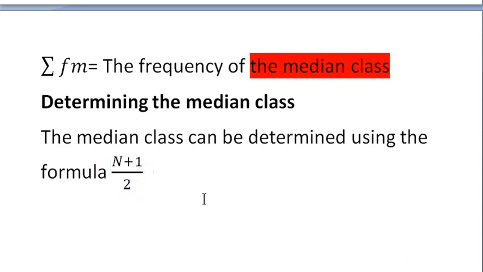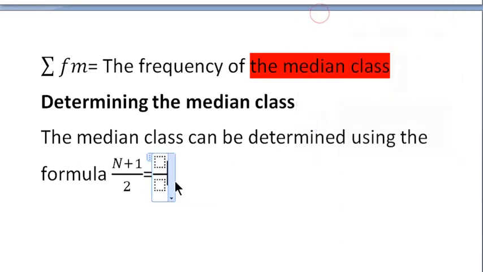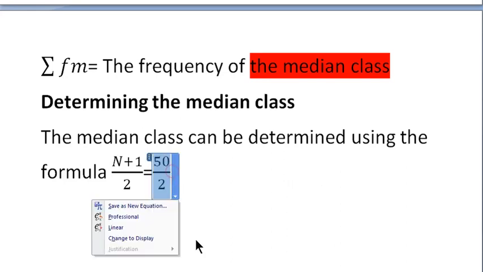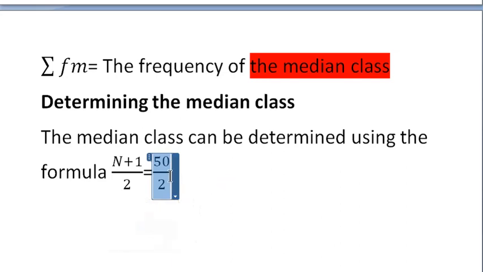Remember that I told you that N is the total number of frequency. So the total frequency is 50. We have 50 divided by 2, and then if you divide 50 by 2, you will be having 25. So that means that the middle class is 25.